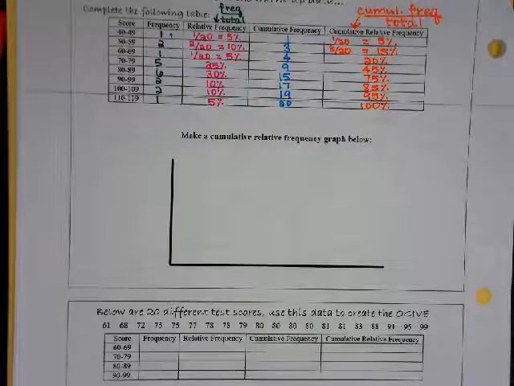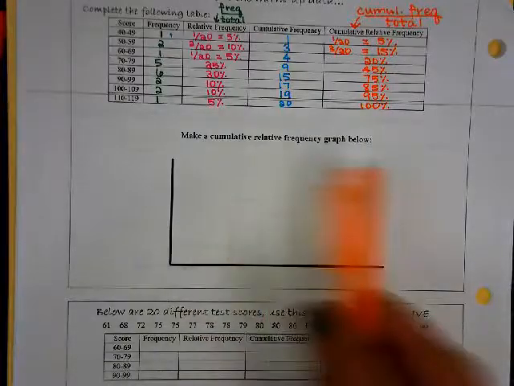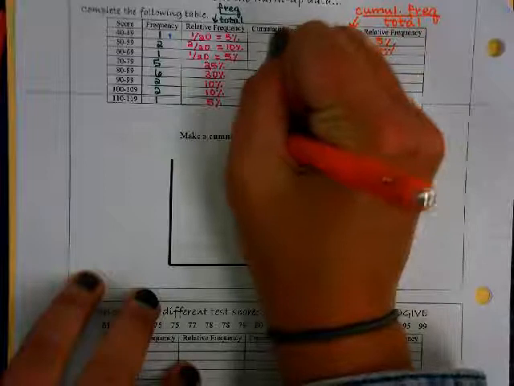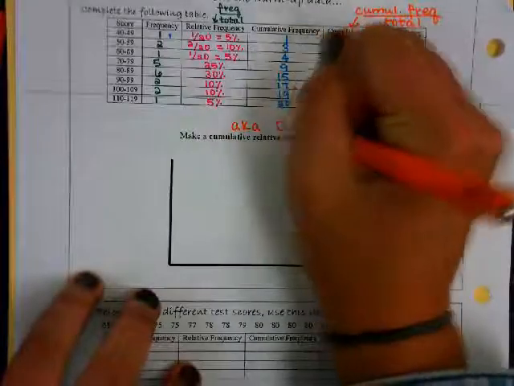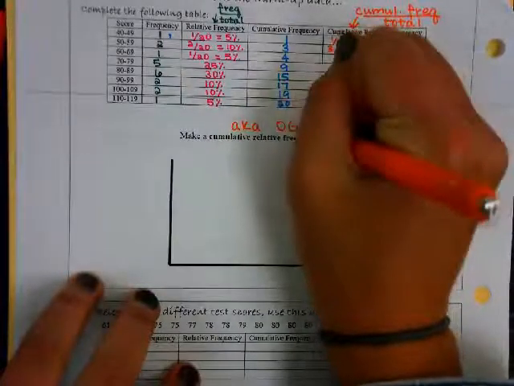Then we're going to use that information to create a cumulative relative frequency graph. Like I said, it's also known as an ogive, or also known as a percentile graph.